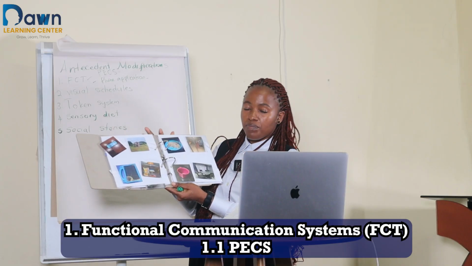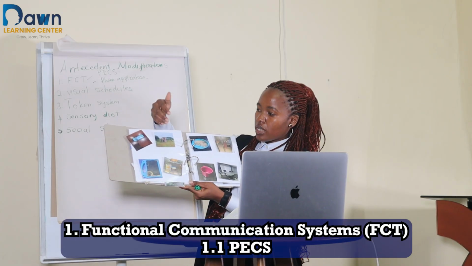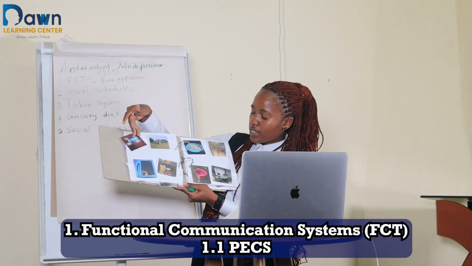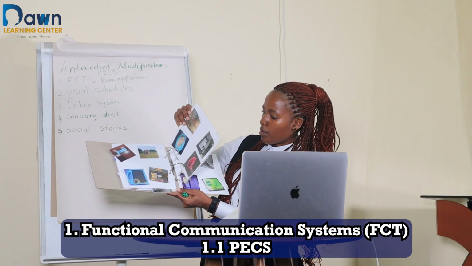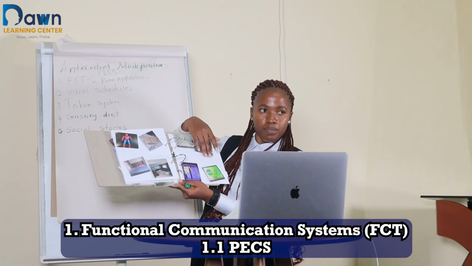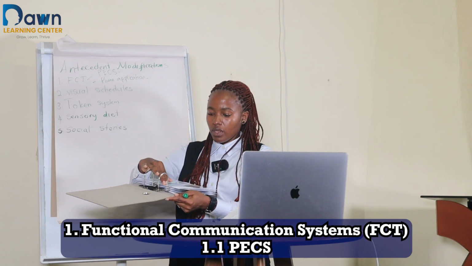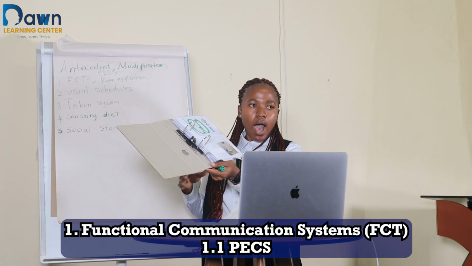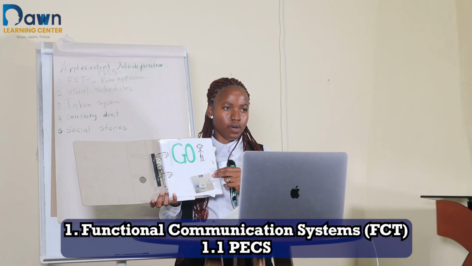We can also have pictures of the objects that they usually want to play with. Here we have the iPad, we have this game toy, and we have a cup. We can also have the plates and everything that they need to use. We have the soap here. What we do with the picture exchange system is we want the child to know how to communicate using this when they are not yet verbal, right?